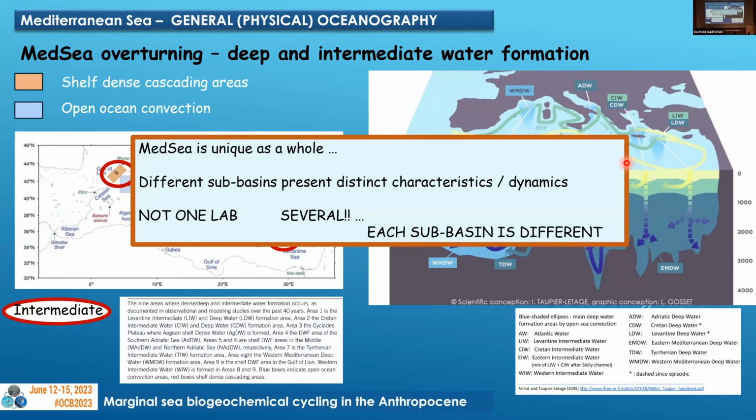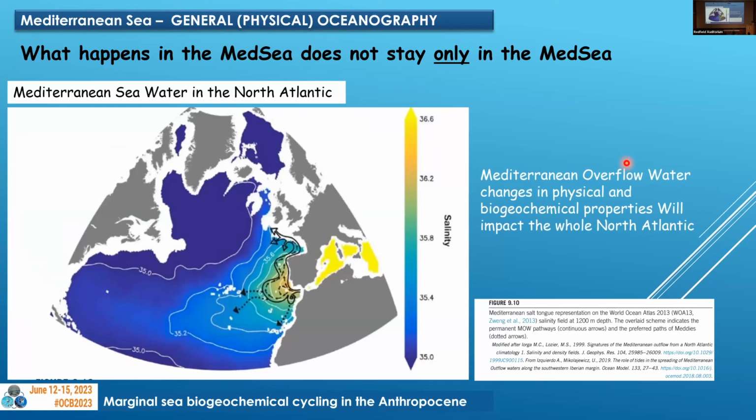This is why I tell you that the Med Sea is unique as a whole, but with different subbasins functioning differently and with different characteristics for the water masses. In addition, what happens in the Mediterranean Sea does not only stay in the Med Sea, because as I told you, the Mediterranean overflow water comes out through the Strait of Gibraltar and it spreads all over the northeast Atlantic, as you can see here in the salinity signal.